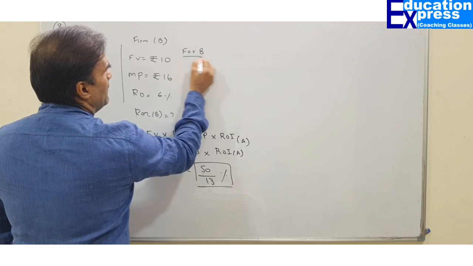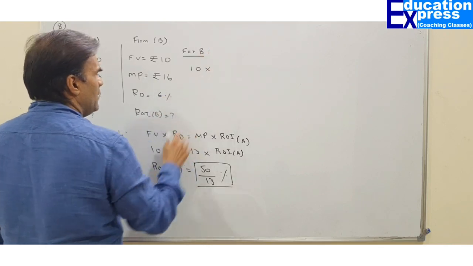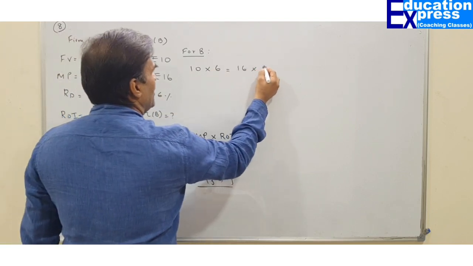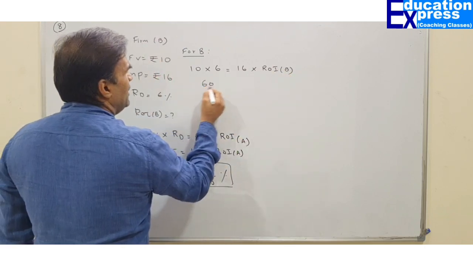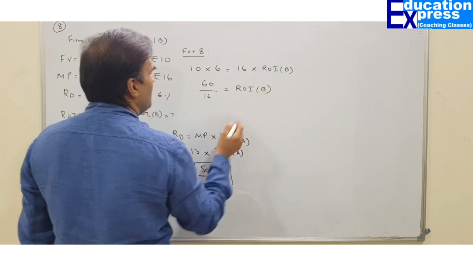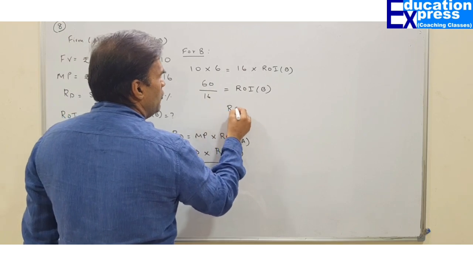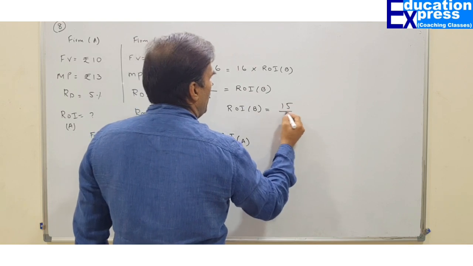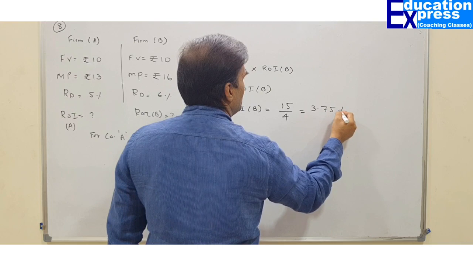For B, same formula, face value 10, rate of dividend 6, market price 16 into ROI of B. So 60 upon 16 equals ROI of B. That will be how much? So we can divide by 4. So ROI of company B would be 15 upon 4. That is going to be 3.75%.